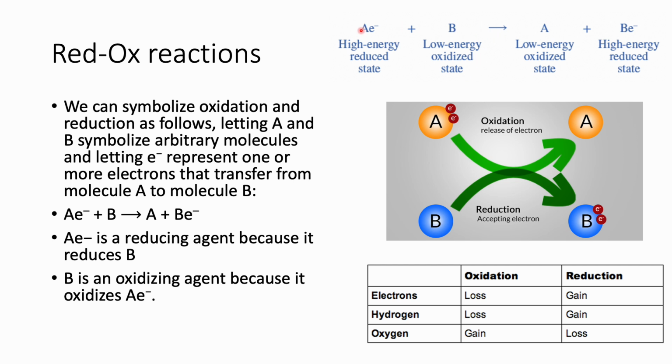When A and the electron becomes A, now it has been oxidized, where B gains an electron, so now it has been reduced. So these electrons on A are transferred to B. Oxidation is release of electrons. Reduction is accepting or gaining those electrons.